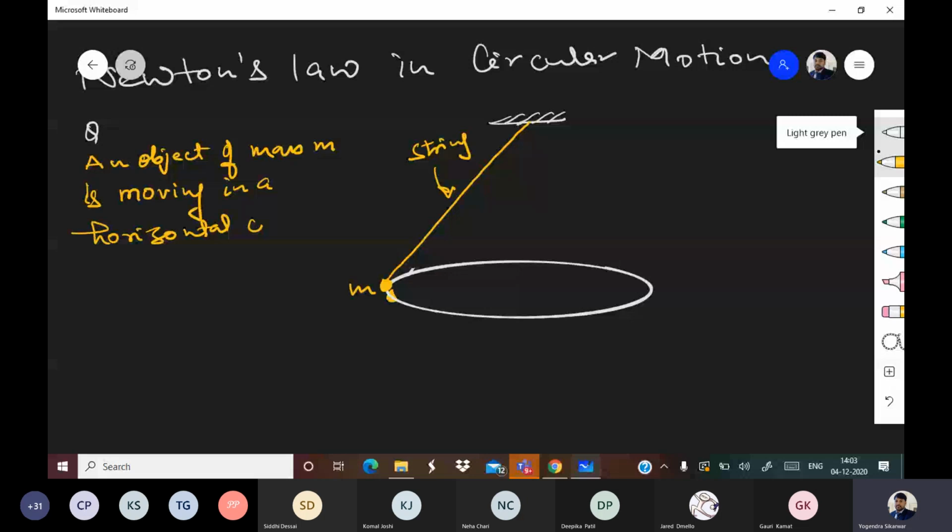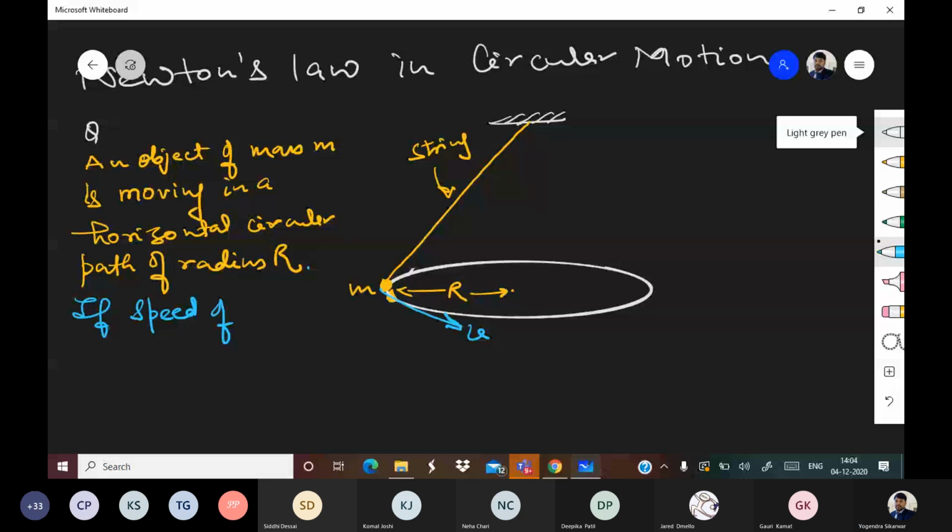Now the next question is, if speed of object is v, find angle made by string with vertical. So what you need to find is angle made by string with vertical. Please solve, everyone.